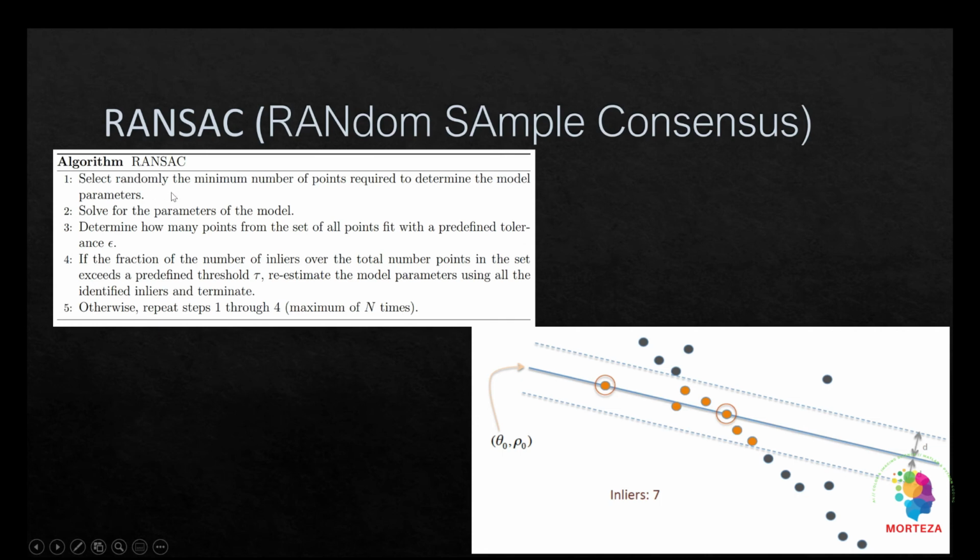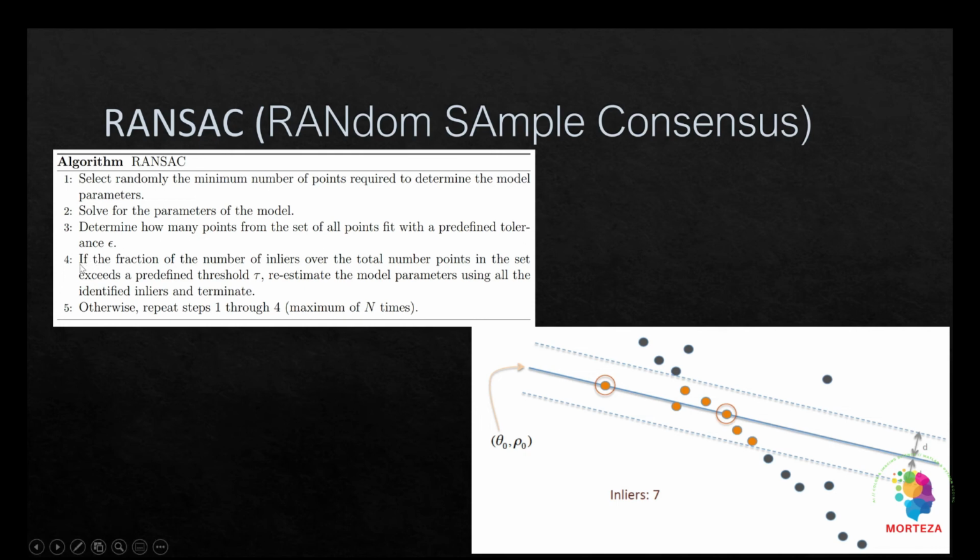First, select randomly the minimum number of points required to determine the model parameters, and then we solve the parameters using these randomly selected samples. Then we determine the number of points from the set of all points that fit within the predefined tolerance.